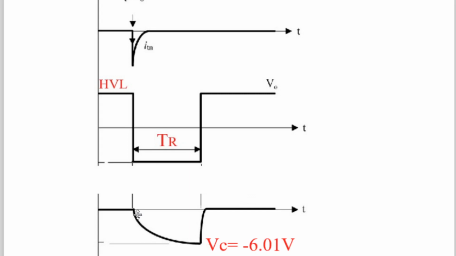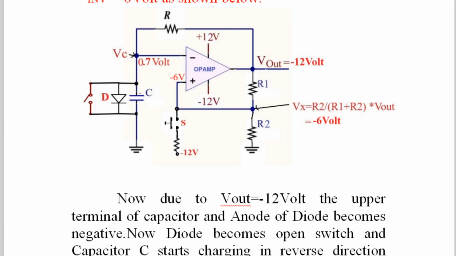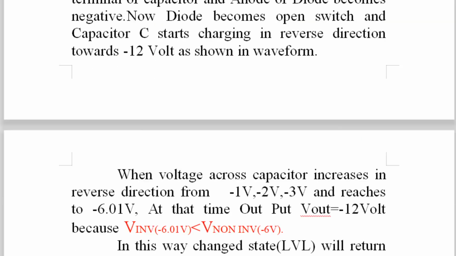And this is exponential charging. When the voltage across the capacitor is going below zero, first of all it will go from 0.7 volt to 0 volt, and then 0 to minus 1, then minus 2, then minus 3, then to what voltage it goes. You will understand that in the next diagram.